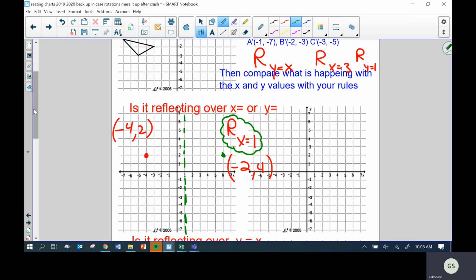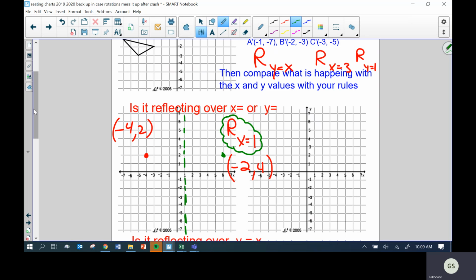You would probably just have to draw in whatever the line is, because there's no rule for it, and just do the reflection. In this case, it was reflected over x equals 1, and then see, well, is that the second point? So like up here, that would have been the second point I would have been checking with that problem. Here, this was the second point I was checking. Well, when I reflected over 1, no, that's not the point I get, so that can't be the answer.